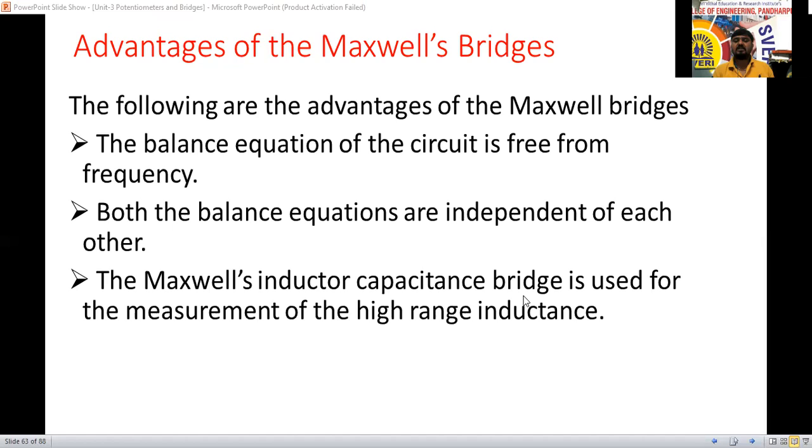The Maxwell inductance capacitance bridge is used for measuring high range inductance. For medium to low range we use only the inductance bridge, but for high range inductance measurement we use the inductance capacitance bridge.